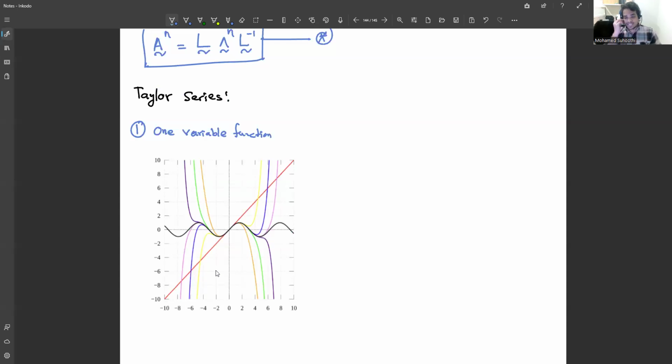So in Taylor series, actually, the generalized version, you can write it for any dimension function, right? So for that, let's understand the one variable function first.